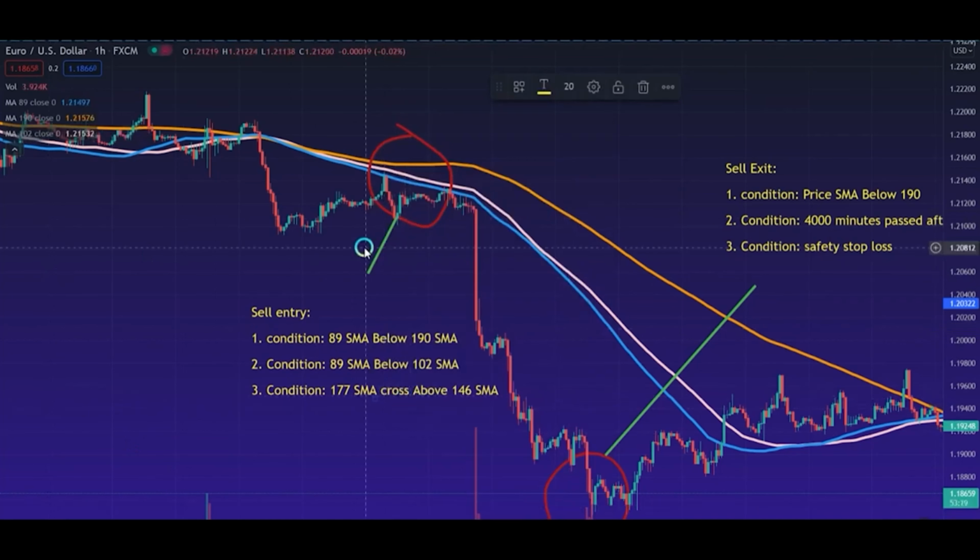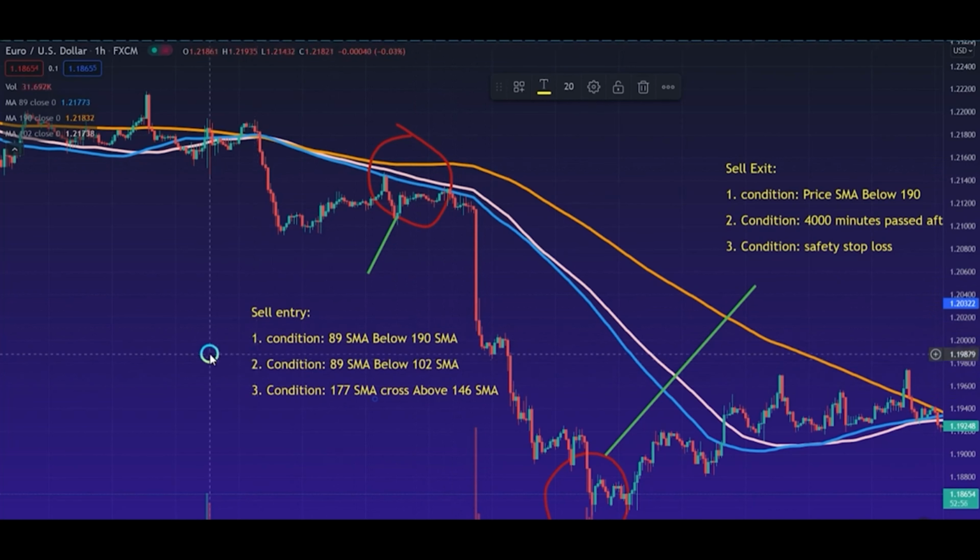So let's see how it works out. So basically the blue line, that is the 89 moving average, is below the orange line. So basically this condition can be checked and it is perfect for a sell entry.